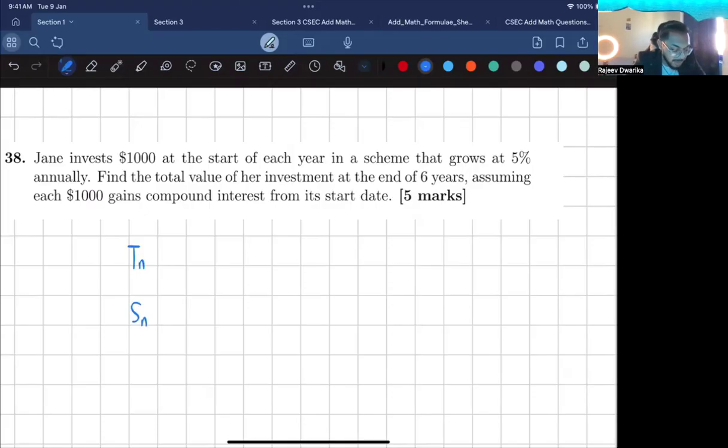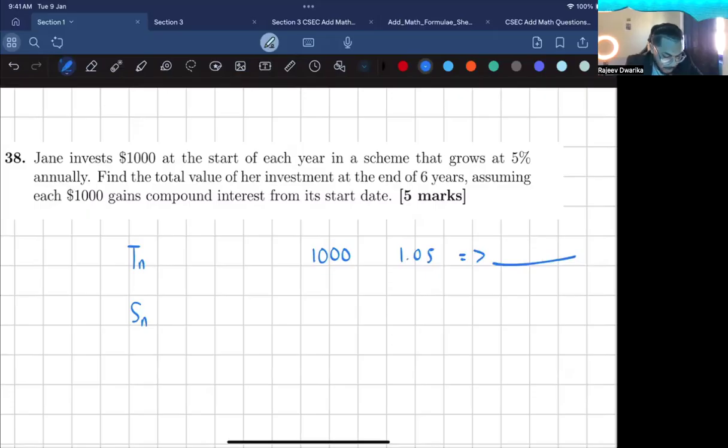Okay, I'm going to read the question one more time. Jane invests 1,000 at the start of each year in a scheme that grows at 5% annually. So in the first year, she puts in $1,000, and at the end of the year that would be 1.05 of that, so it would have a certain amount of money.